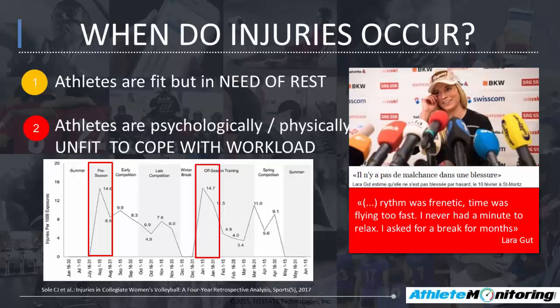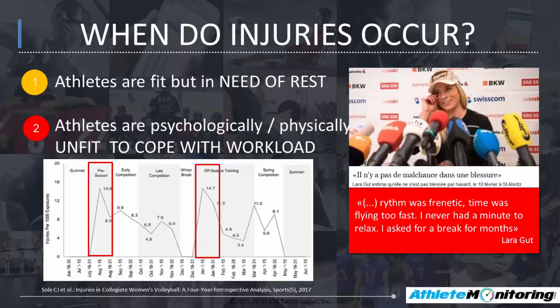She said there is no bad luck in an injury. That's the English translation of the newspaper article, and she was saying the rhythm was frenetic, time was flying too fast, I never had a minute to relax, and I asked for a break for a month. She didn't get the break, and then she got injured.